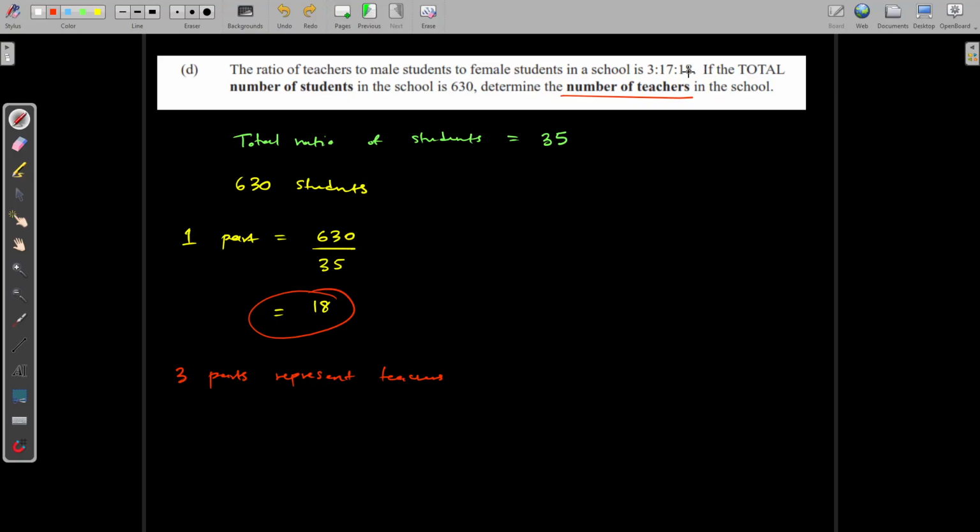So to get the number of girls, it will be 18 times 18, number of males, 17 times 18. So the number of teachers is going to be 3 times 18. So 3 parts represent teachers. So 54 teachers.